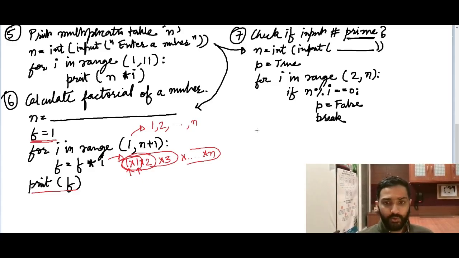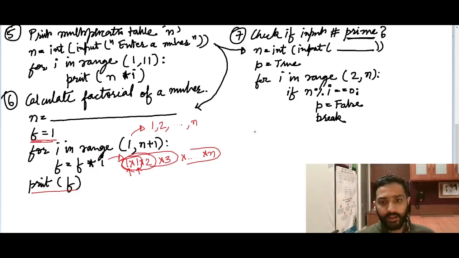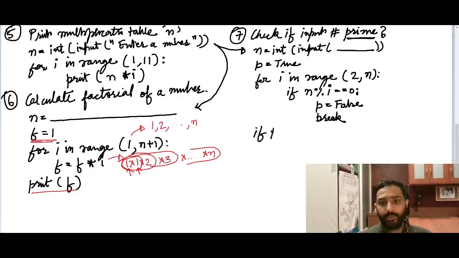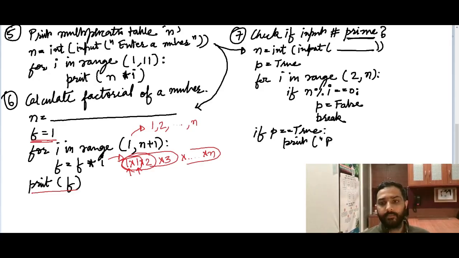After that, out of the loop we check if p equals true, then print prime, else print not prime.